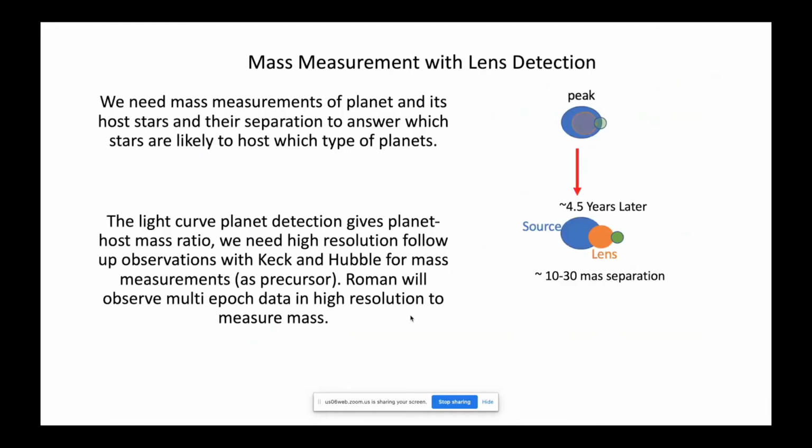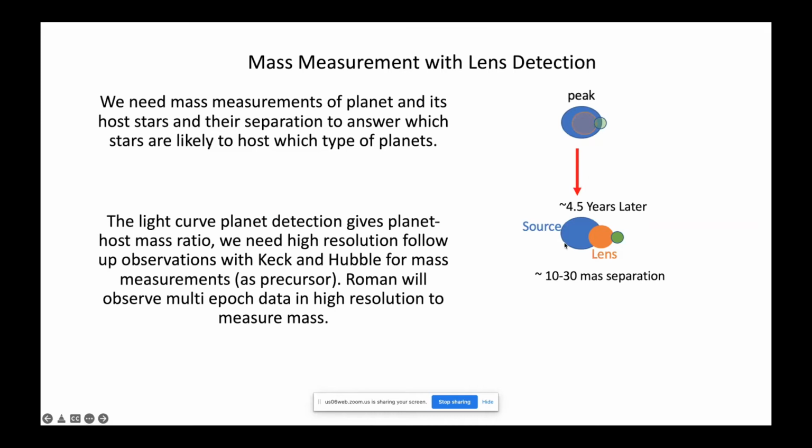There's also another way to do the mass measurement, because we cannot always detect the parallax signals. It's very delicate. Obviously, with Roman, we would be able to detect more and more parallax signals. But even if we cannot detect the parallax signals, we can still get the mass measurement with lens detection. What happens is that during the peak of the event, the lens is really covered, it's the source that is magnified, and all we can see is just the source flux.